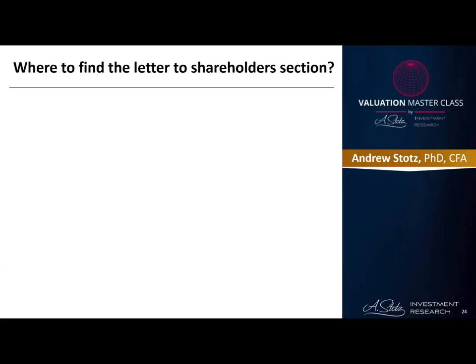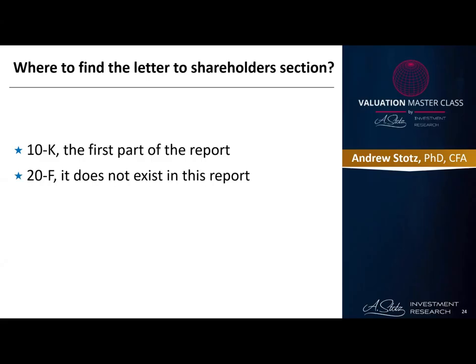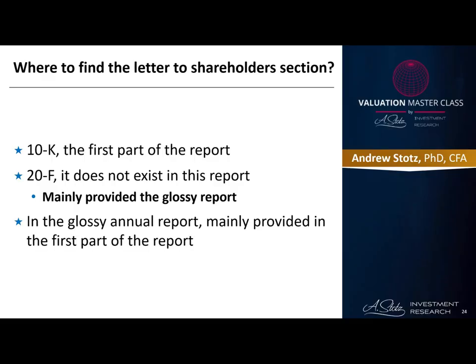Let's start with where to find the letter to shareholders section. For 10-K, you can find it in the first part of the report. For 20-F, it does not exist in this report, but it's provided in the glossy report. In the glossy annual report, it's mainly provided in the first part of the report.